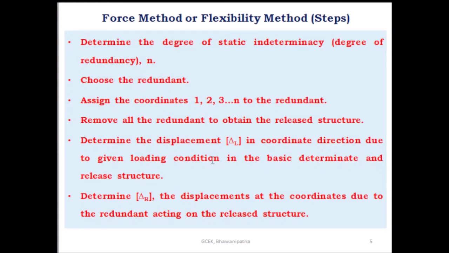Then determine the displacement in the coordinate direction due to the given loading condition in the basic determinate released structure, delta L. Then you have to find out the displacement at the coordinates due to the redundant force, delta r.